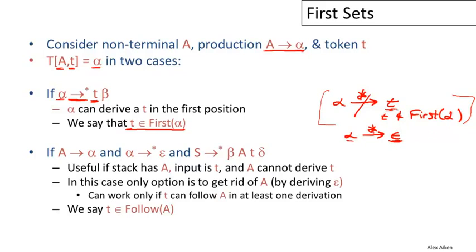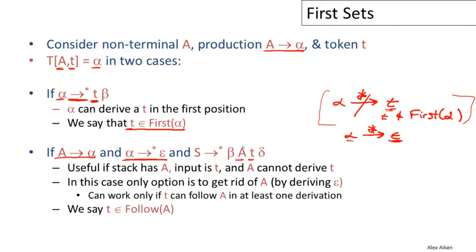In what situation would that be? Well, here are the conditions. If A goes to alpha is a production, and alpha can go to epsilon via 0 or more moves, so alpha can eventually be completely wiped out, and if T can come immediately after A in the grammar, so there has to be a derivation for this to make sense.